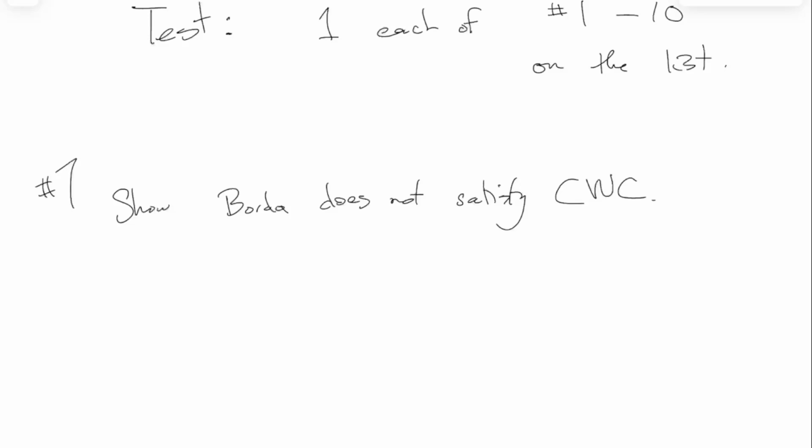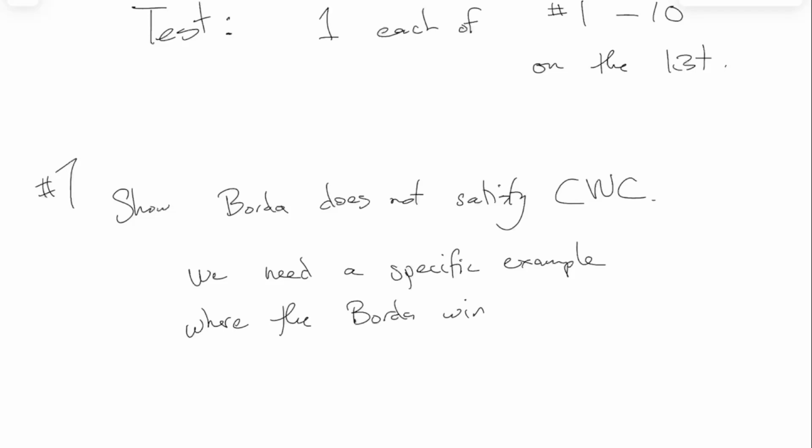So since I'm saying does not satisfy, it means you need to use a counterexample. So in this case, we need a specific example with the A, B, C's, whatever, where the Borda winner is different from the Condorcet winner, right?